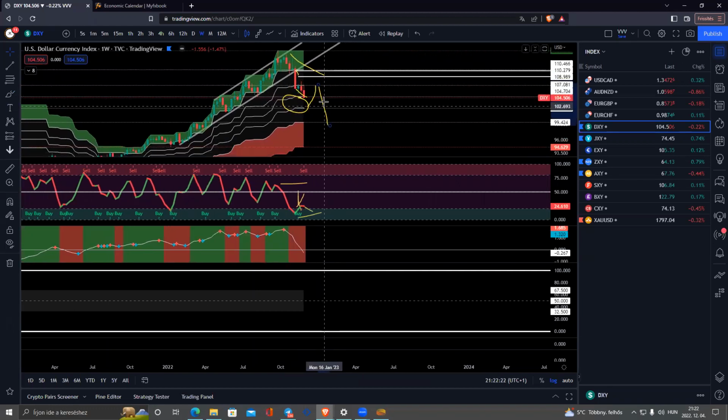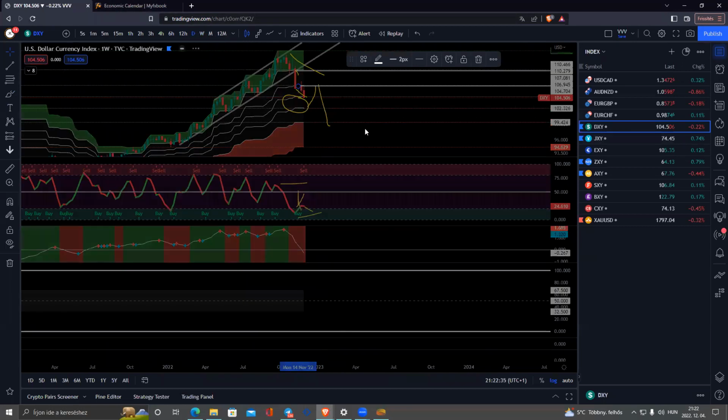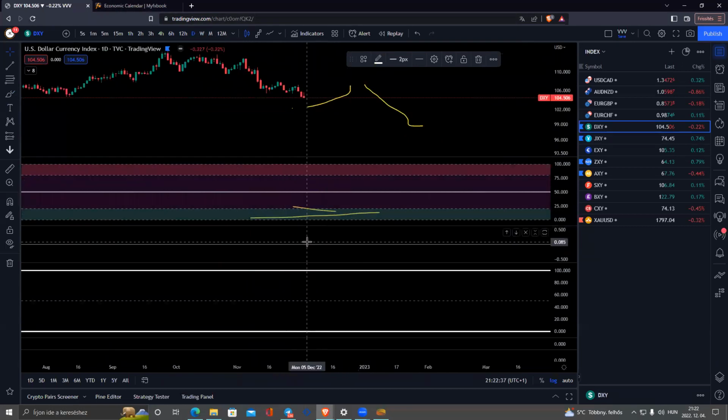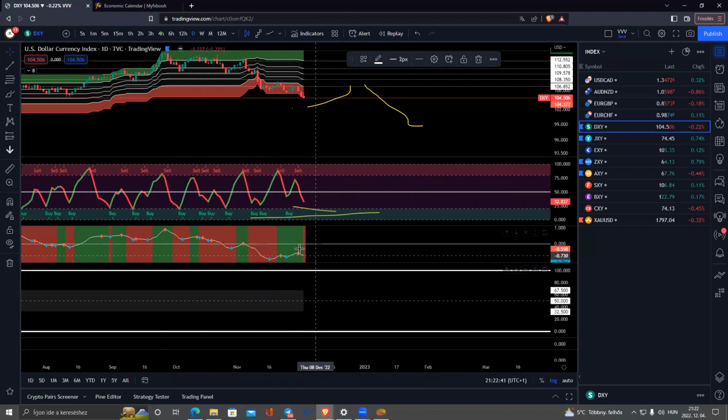Actually, see, yes, this is not beautiful, but yeah, looking for the victory the XY on daily basis as well, because we got the convergence under the zero line.